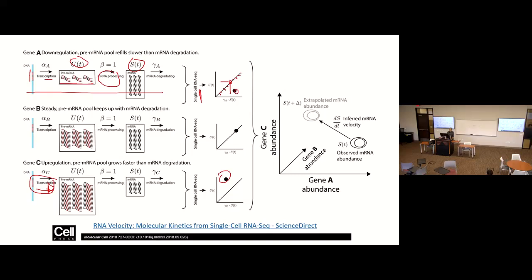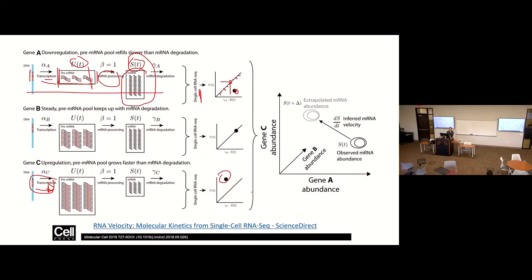If you go down, okay, that means some factor has stopped the transcription and allows you to relatively accumulate more of the spliced version of this gene. So where this gene is located tells you the change of the balance between spliced and unspliced, and indicates whether this transcription has been upregulated or downregulated.